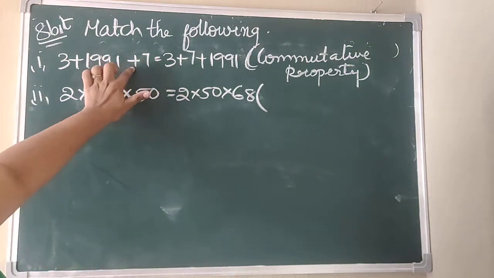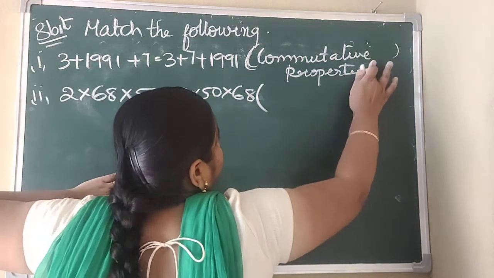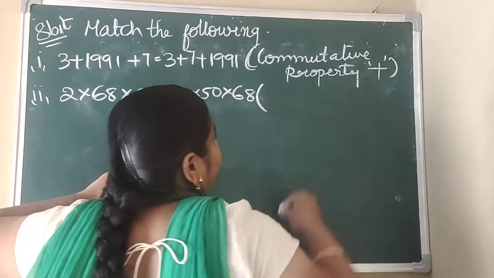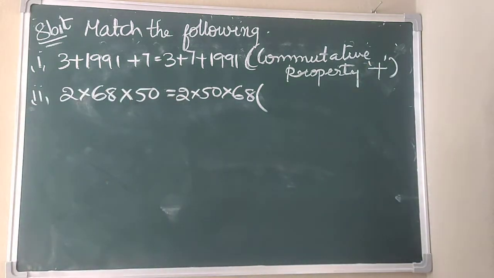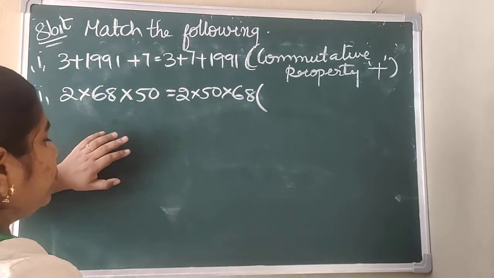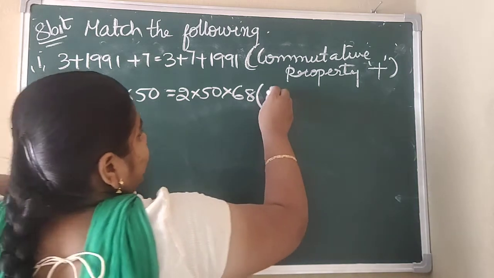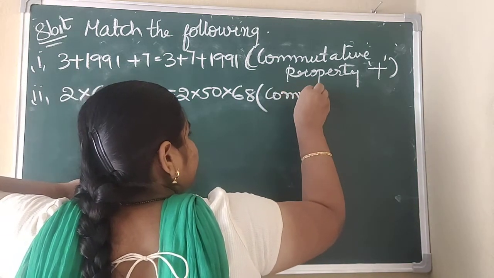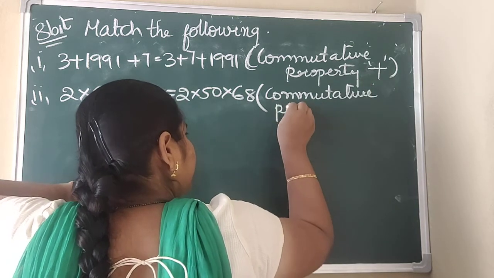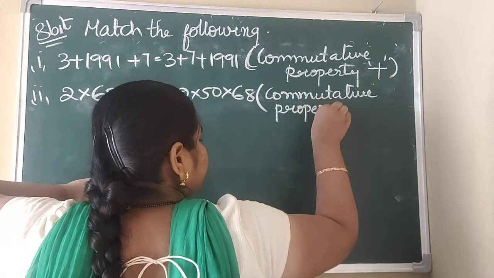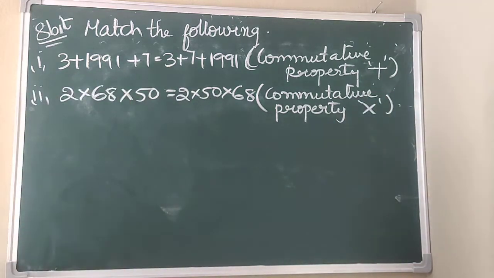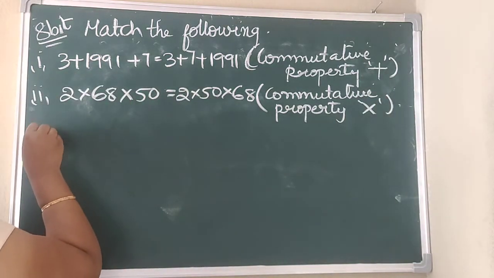So this is also a commutative property, but under multiplication.